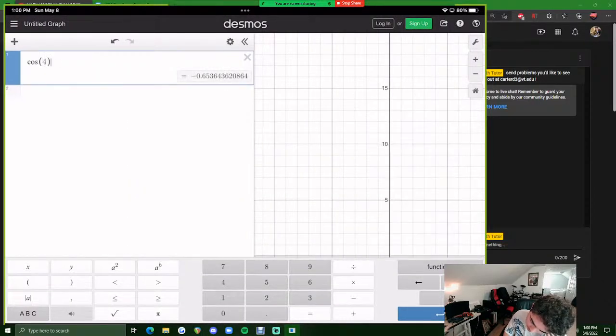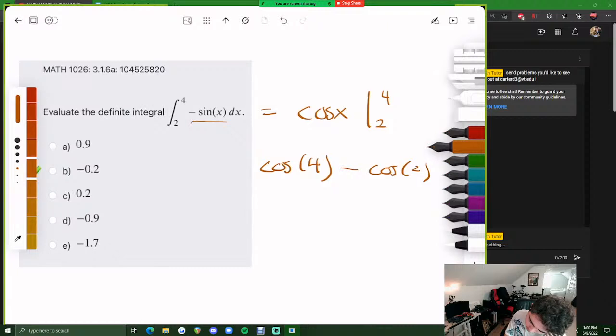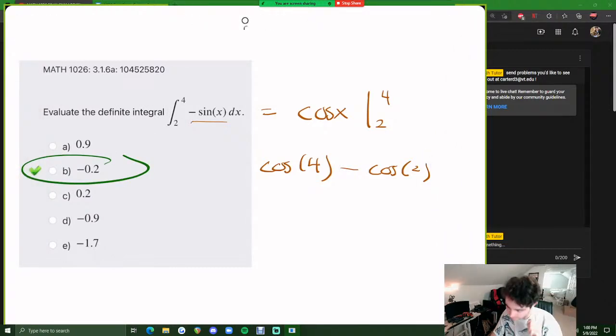Cosine of 4 minus cosine of 2, and we get negative 0.2. That is option B. So pretty solid little integral problem, but it covers the basics, and I could very much see a problem like this on the final, because it's testing your integral skills, so antiderivative, and then actually evaluating that integral.